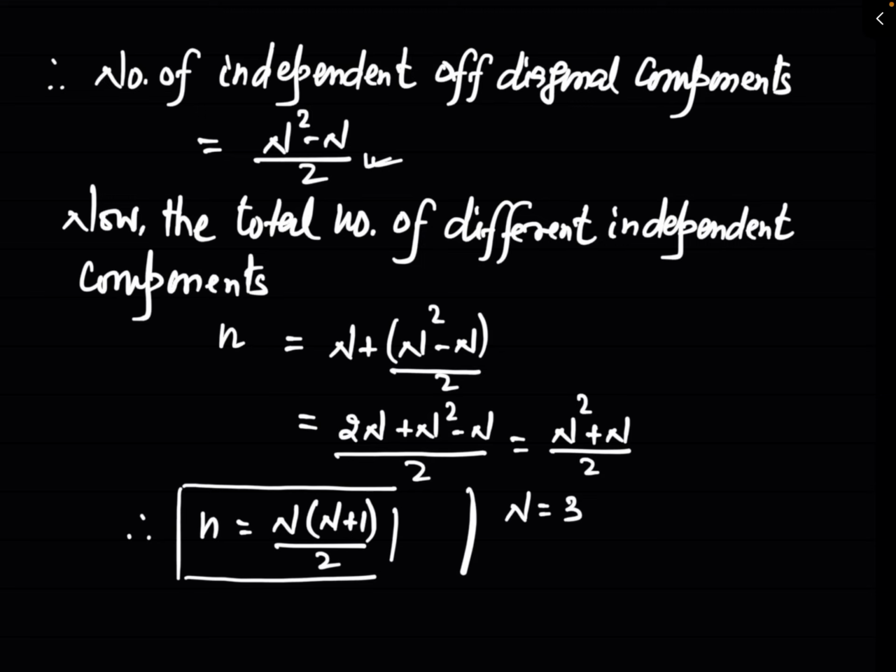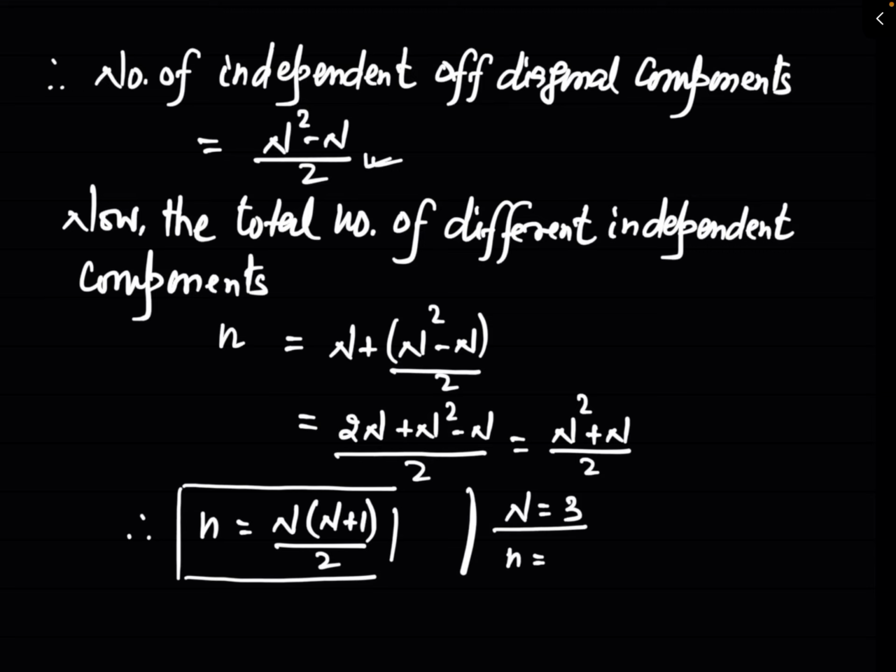It means you are considering that your space is three-dimensional Euclidean space. So in three-dimensional Euclidean space, if there is a second order symmetric tensor, then the total number of independent different components of this tensor will be what?